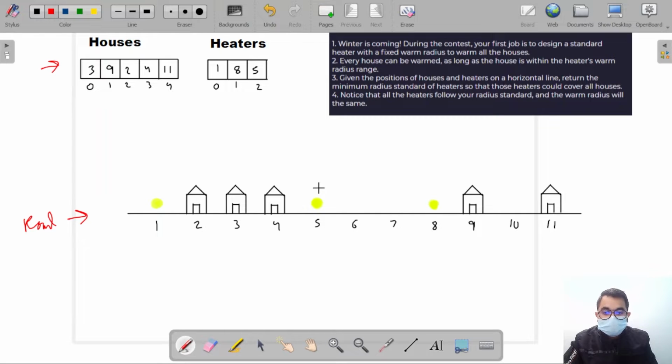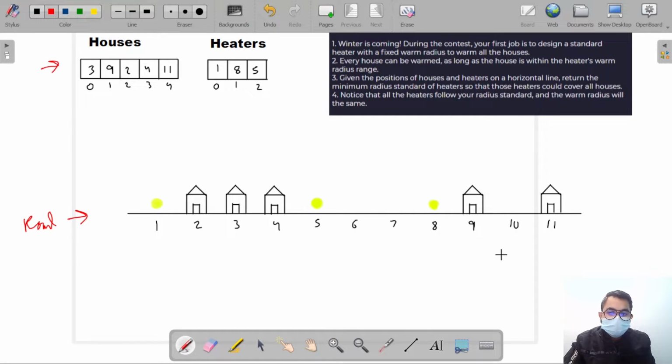So this is my road. On this road there are indexes or plot numbers, and in these plots there are some houses, some heaters and some empty plots.